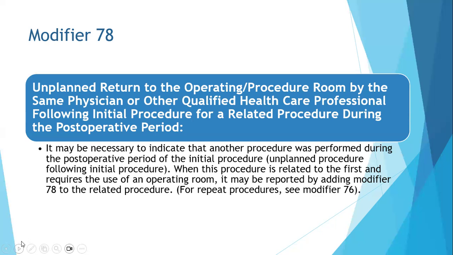All of those are typically when you will see a repeat procedure on the same day because the patient fell back out of heart rhythm. I'm sorry, y'all. I'm a cardio person, so a lot of my examples are going to be cardio, so I do apologize. But there are other scenarios where a repeat procedure would be necessary. Just remember to use your 76 if it's an identical CPT code and only on the same day.